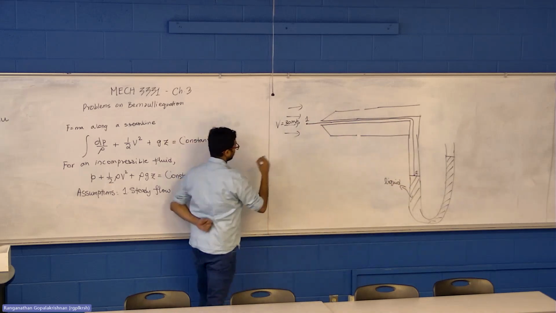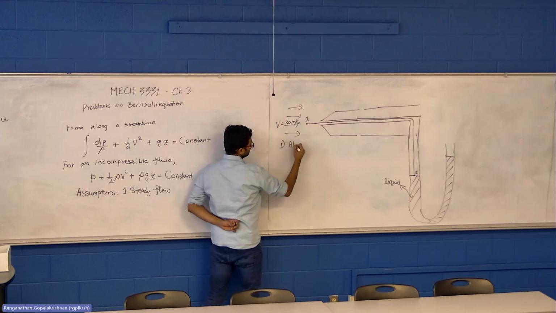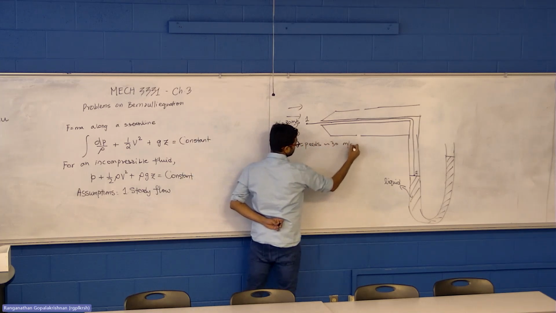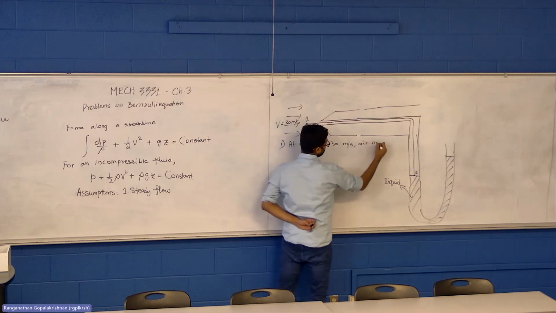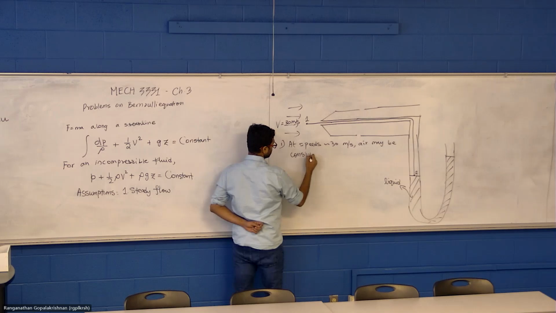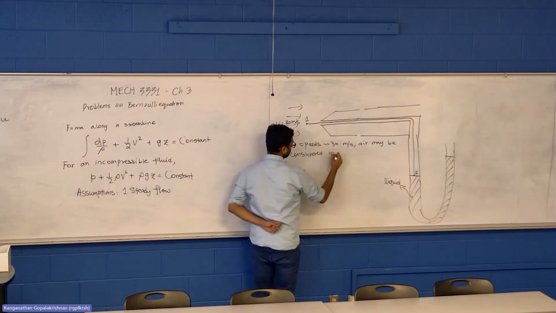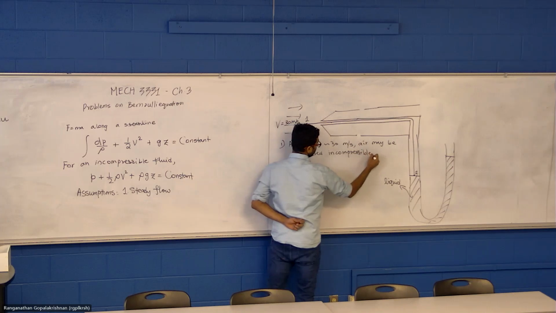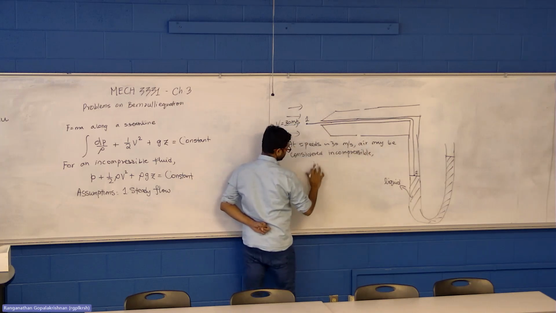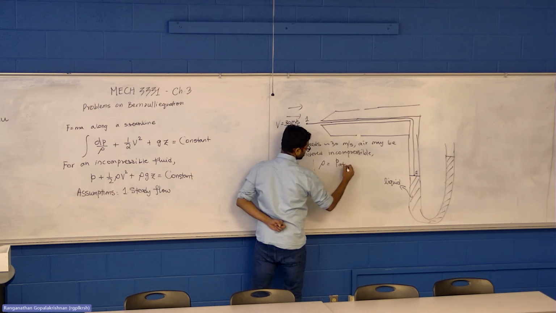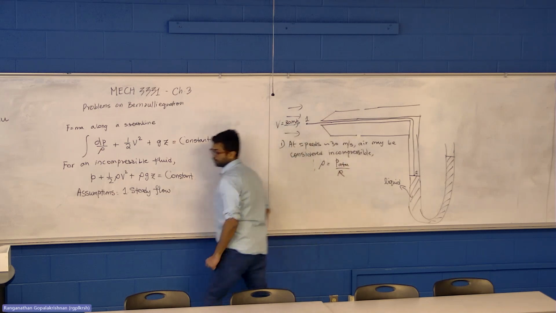So the first assumption is that at speeds around 30 meters per second, air may be considered incompressible, which means you can calculate a density rho based on atmospheric pressure and nominal temperature.